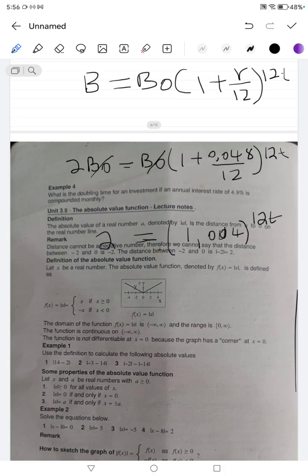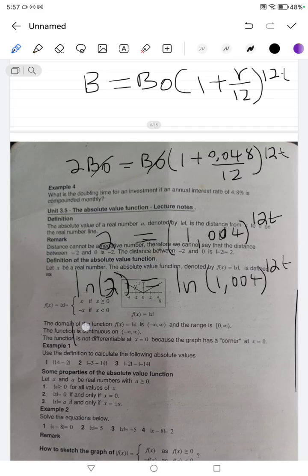We had something similar on this side, and I confused it, and I said we have to introduce e, whereas we can solve it using ln, because remember we still can divide with a ln. We'll quickly go and look at that example. We're going to have ln of 2 equals ln of 1.004 to the exponent 12t.